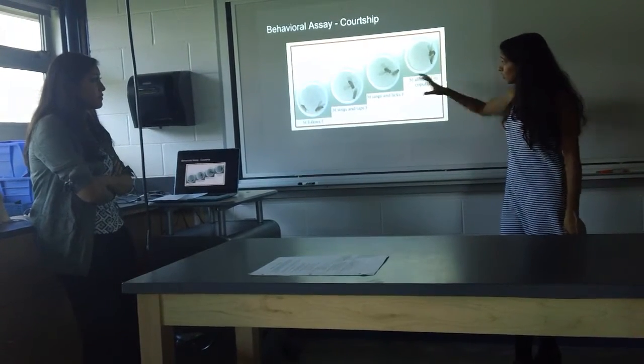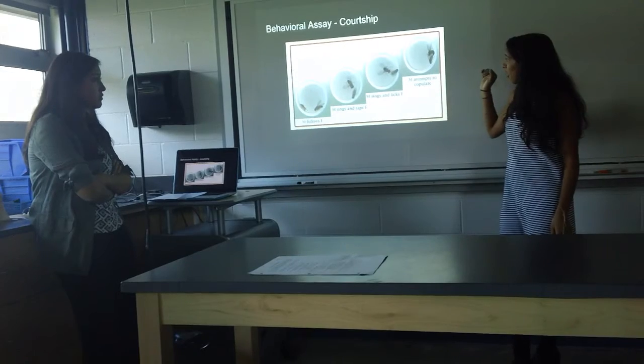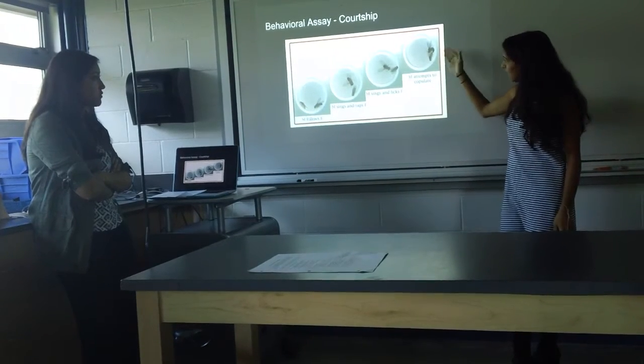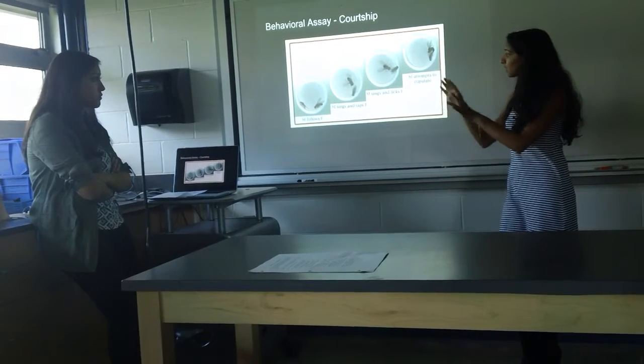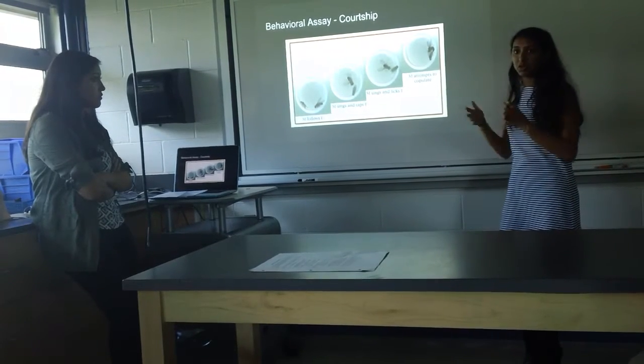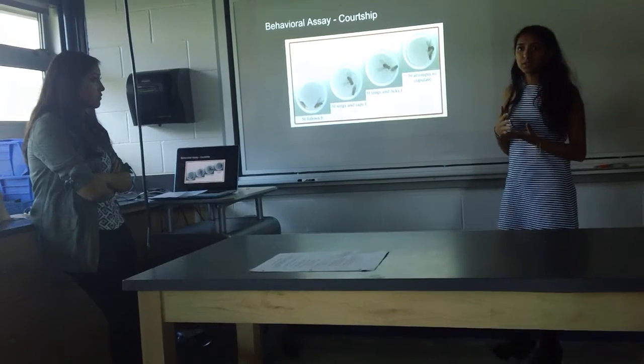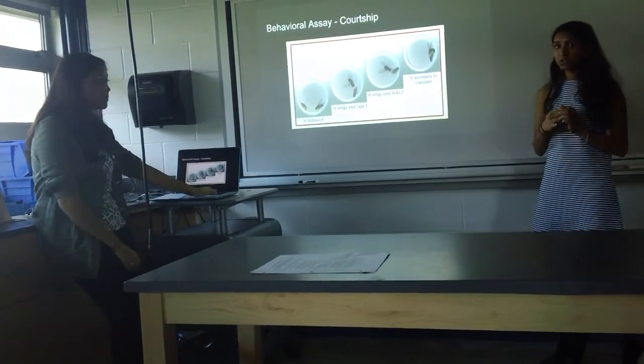And also if he licks the female, curls the abdomen and attempts to copulate. We might try and identify all of them, but I think we're going to pick one or two phenotypes to follow. Any questions?